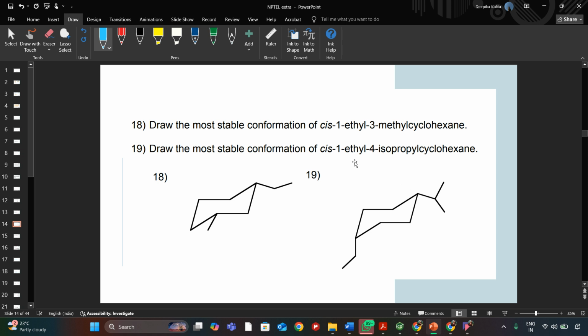And since both are cis, the ethyl we have to place in axial. Otherwise, this will be trans. Okay, so this is going to be the most stable conformation of cis 1-ethyl-4-isopropylcyclohexane.